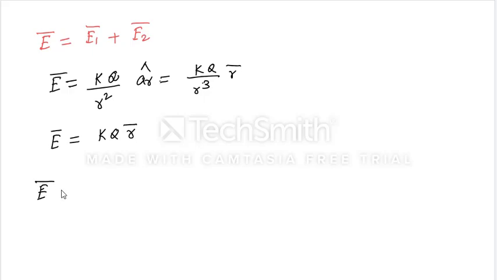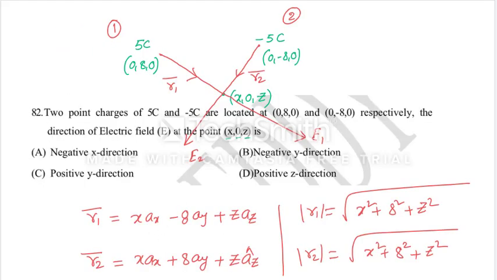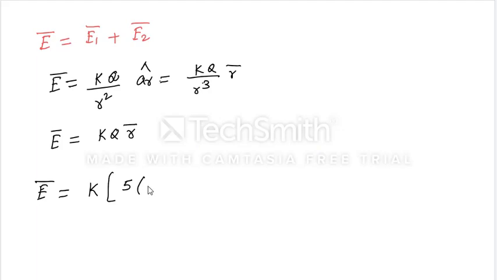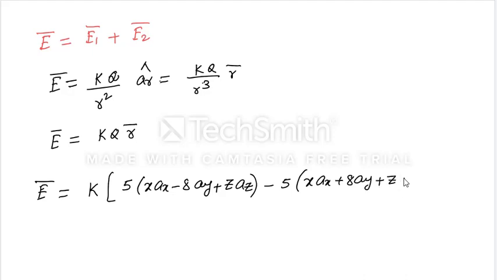So this electric field is K into Q, which is 5 coulombs of charge, 5 into R1 bar, which is x ax minus 8 ay plus z az, minus 5 into x ax plus 8 ay plus z az.